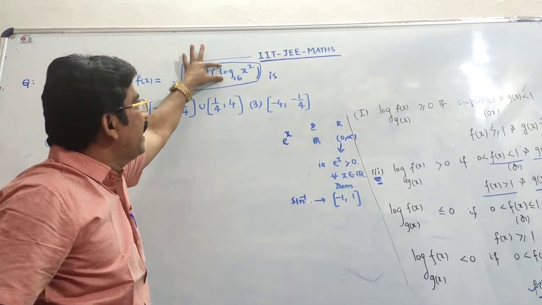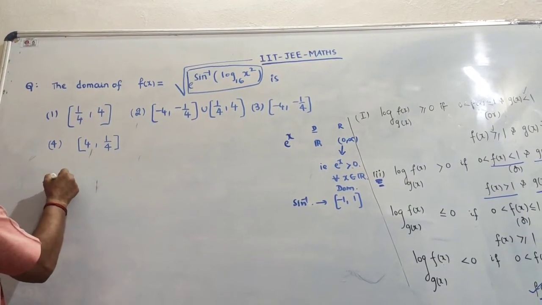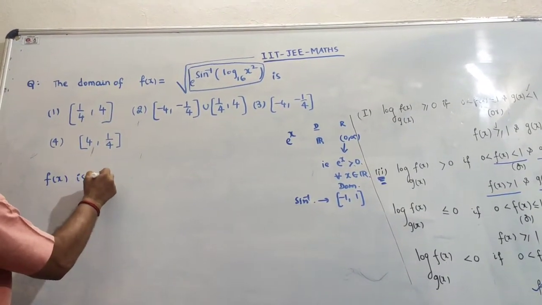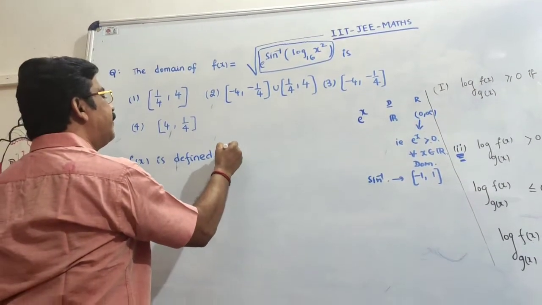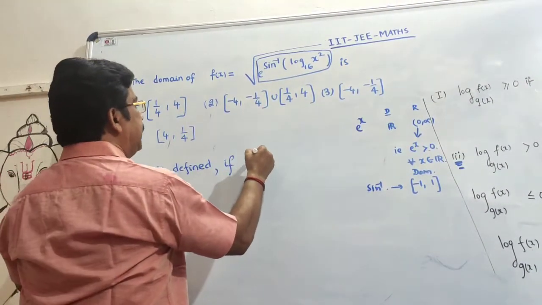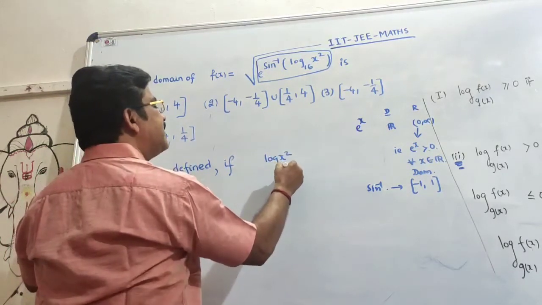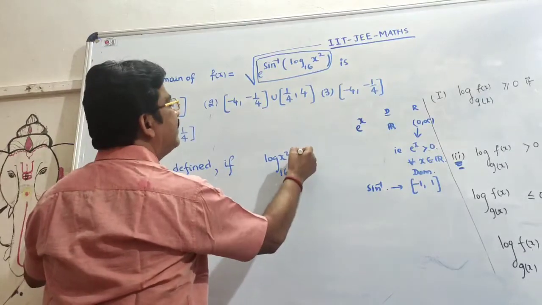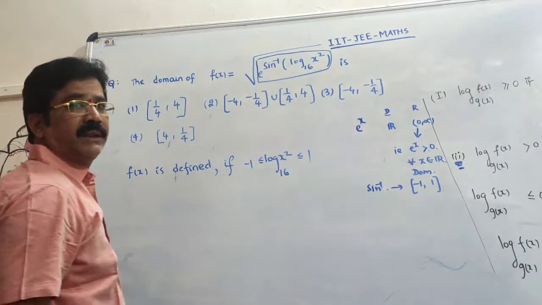Log of x square to the base 16. Therefore f of x is defined if this log of x square to the base 16 lies between -1 and +1.